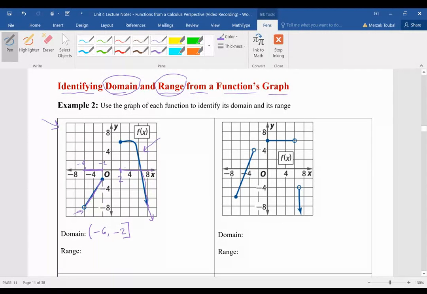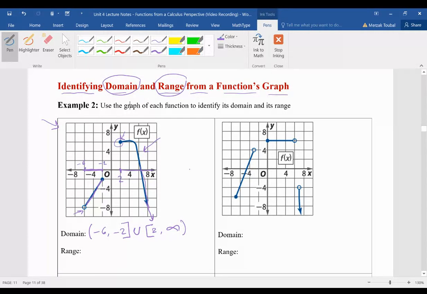So in regards to the x values, they start at 2 and continue to infinity because the graph has no ending. So we're going to put a union, meaning this interval plus another interval. We said it starts at 2, so bracket 2, because 2 is included since we have a closed circle here. And then infinity, parenthesis.